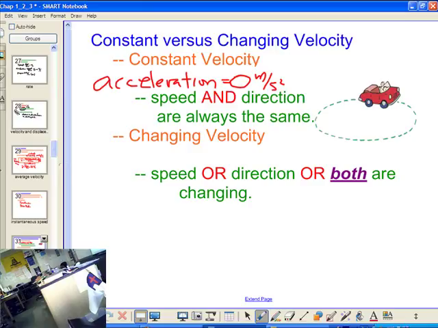Or both can be changing. All right? That'd be our acceleration. Acceleration is not equal to 0. And there is a net force not equal to 0 on that.